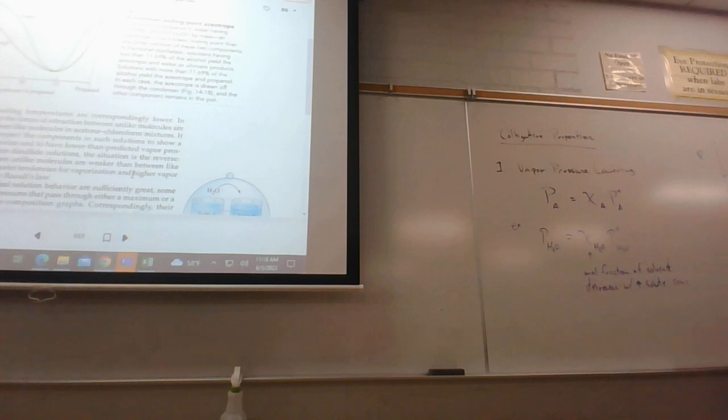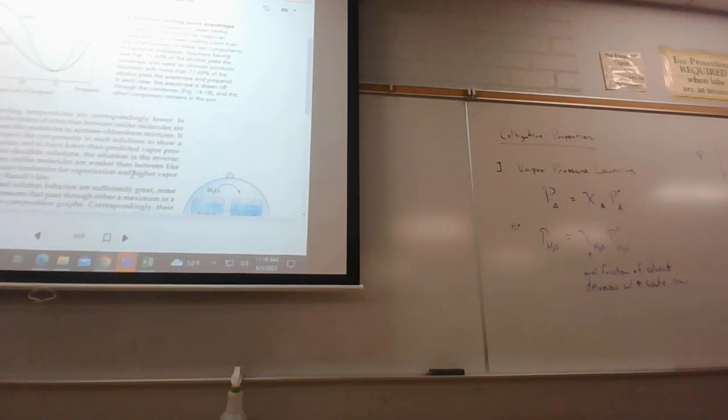And this point here is the lowered vapor pressure but raised boiling point. In other words, this is called boiling point elevation. And those are colligative properties. Colligative property number 2 is melting point depression. Colligative property number 3 is boiling point elevation. The lowering of vapor pressure is going to result in those temperatures changing.